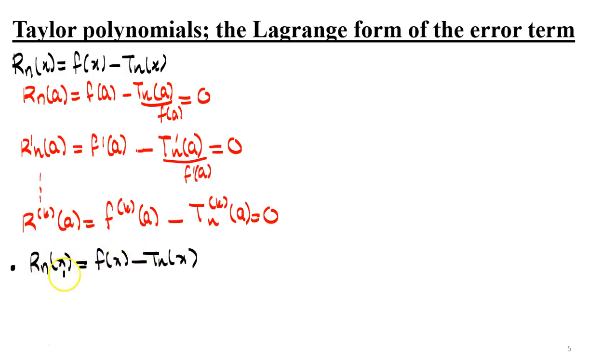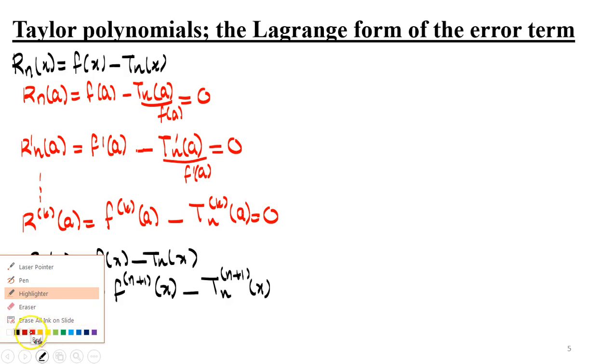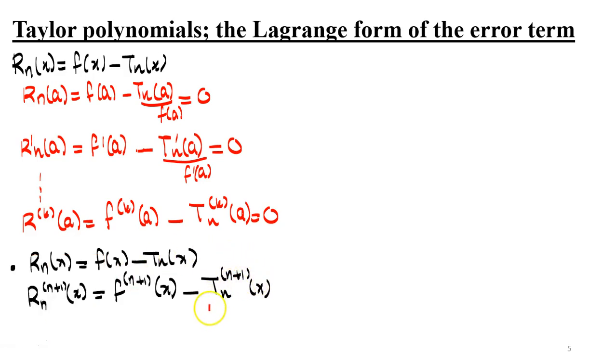Now as I differentiate, I'd have the derivative of order n plus 1 of R equal to the derivative of order n plus 1 of f at x minus the derivative of order n plus 1 of the Taylor polynomial of order n. Looking at the last term, the Taylor polynomial here is of order n.